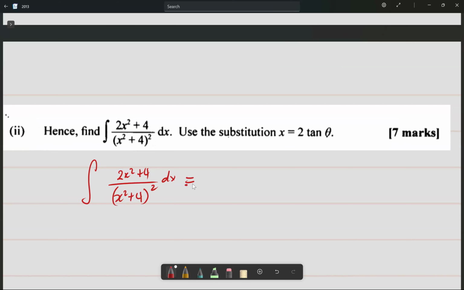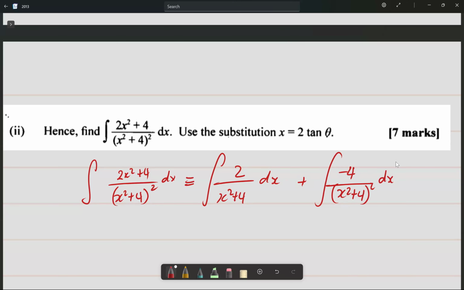dx is going to be equal to the integral of 2 over x squared plus 4 dx plus the integral of 4 over x squared plus 4 all squared dx.